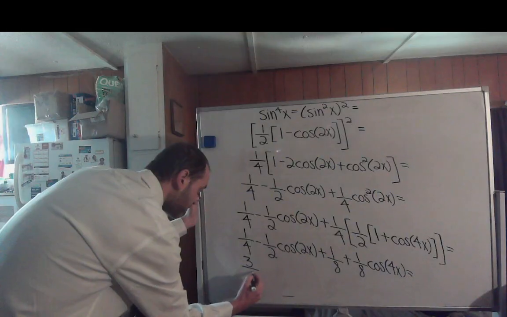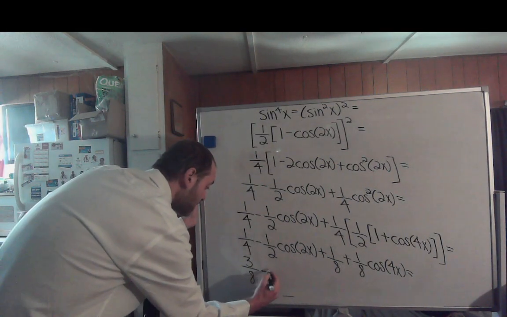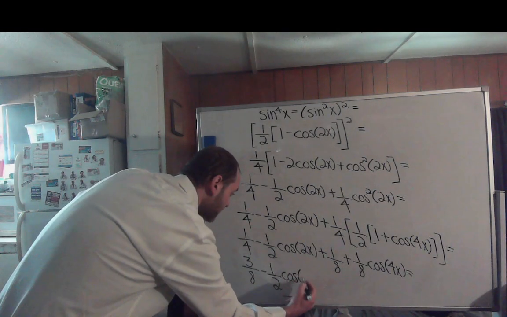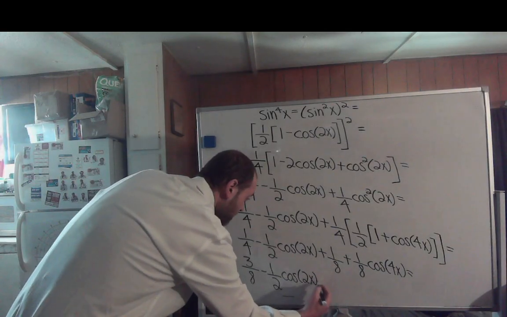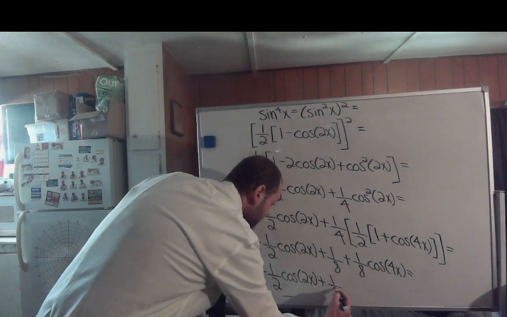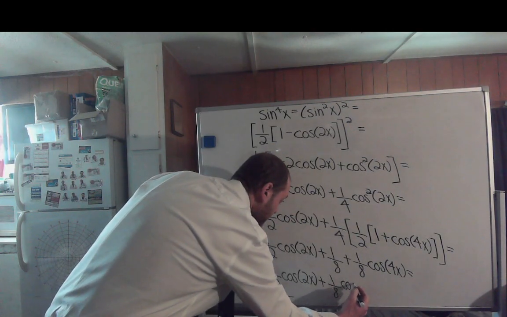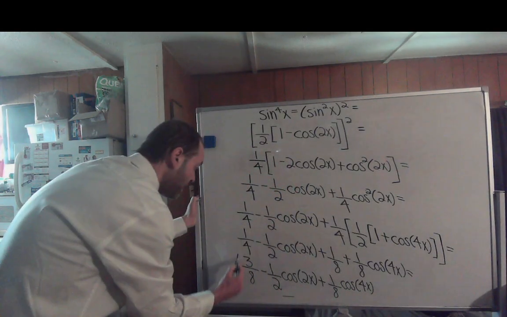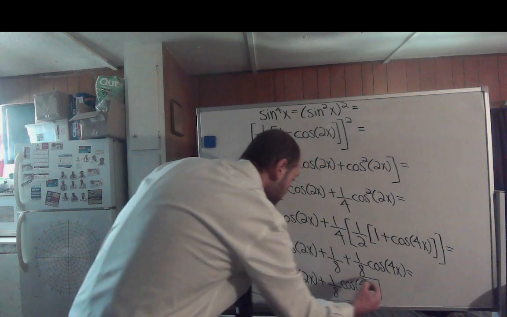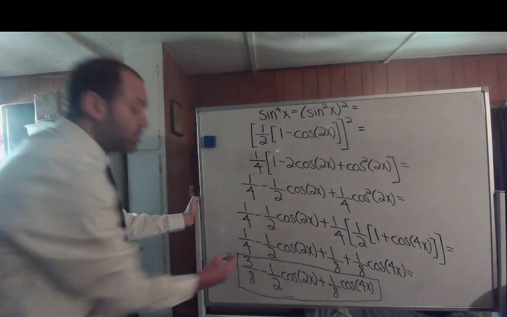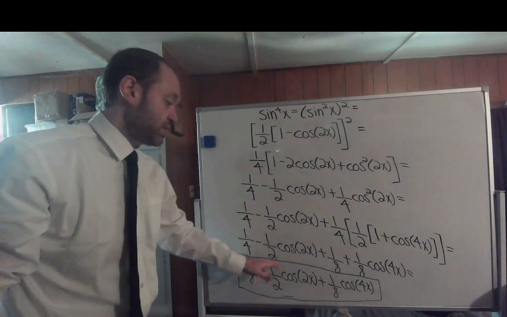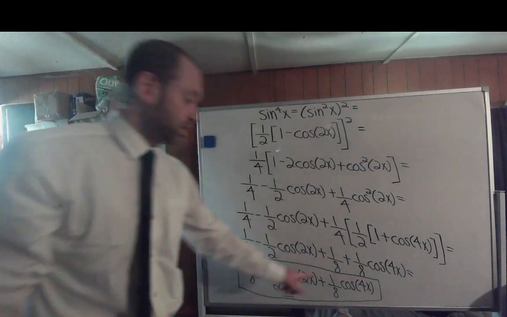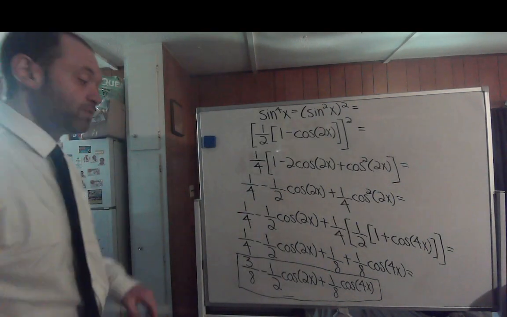You'll end up getting 3/8 minus 1/2 of the cosine of 2x plus 1/8 the cosine of 4x. And that would be your final solution on how you would simplify this into a cosine to the first power function. So this would be 3/8 minus a half cosine of 2x plus 1/8 times the cosine of 4x.